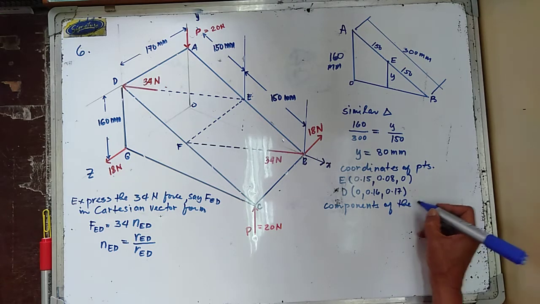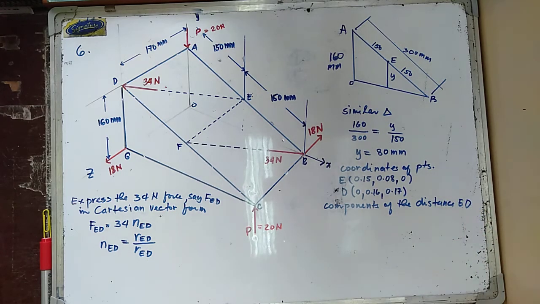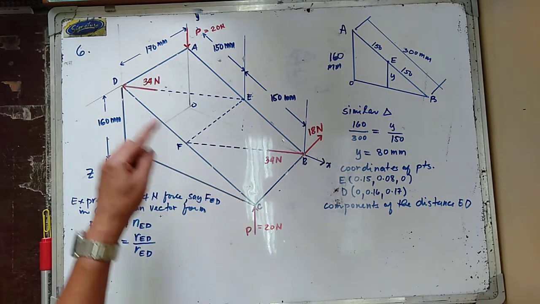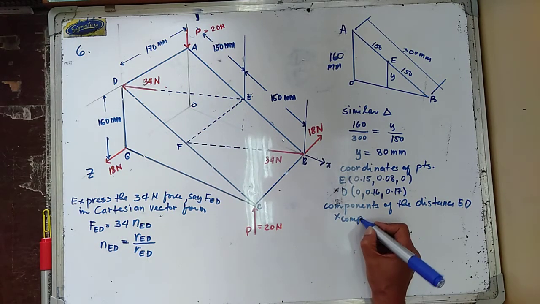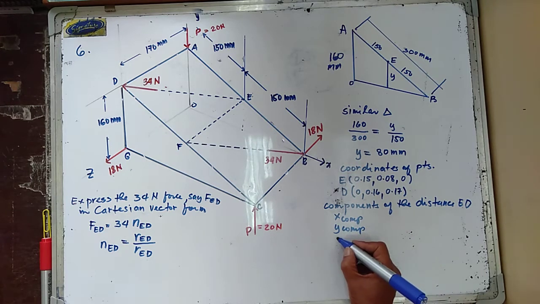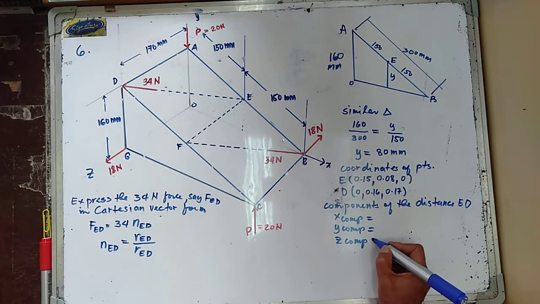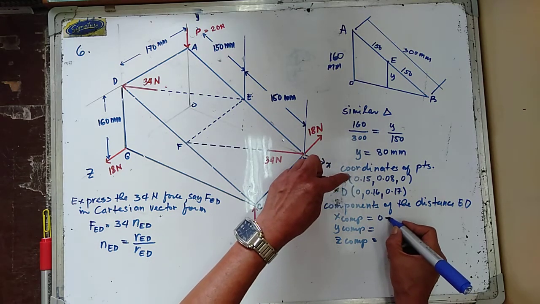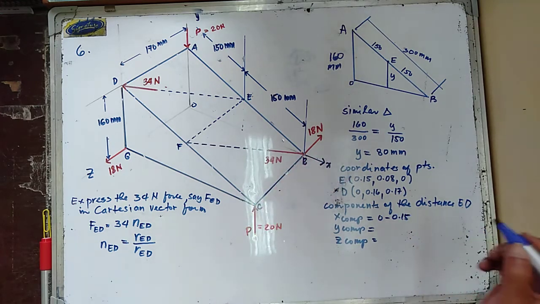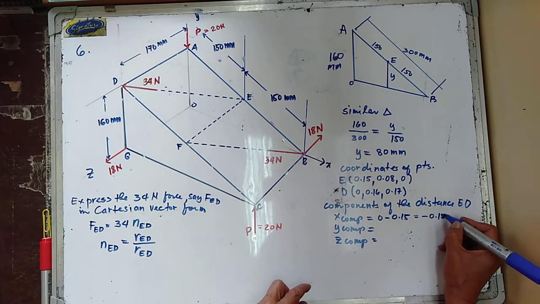And therefore, we now have the components of the distance ED, that is D minus E. For the X component, we have 0 minus 0.15, which is equal to negative 0.15.